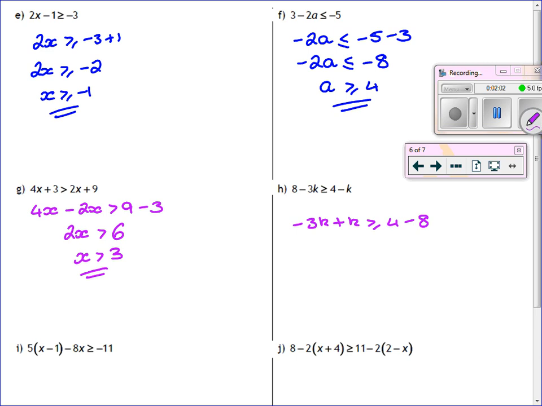So minus 3k plus k is minus 2k, is bigger than or equal to 4 minus 8, which is minus 4. And again, at this stage, we're dividing by a negative. Remember, when we divide by a negative, we flip the inequality symbol around. So that's going to give me k is less than or equal to minus 4 divided by minus 2, which is 2.